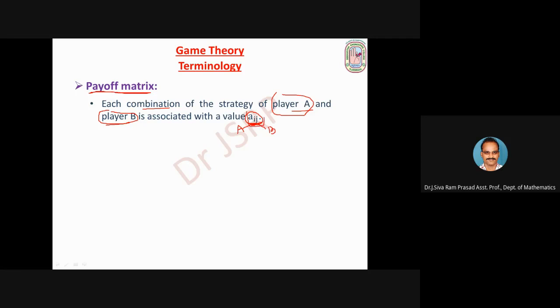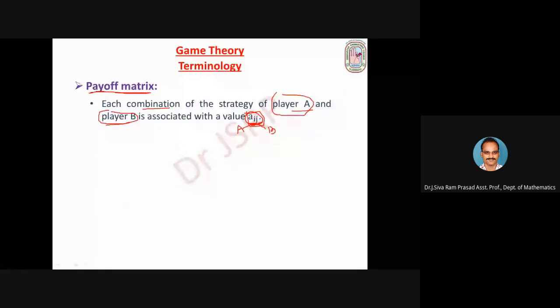So the first suffix represents the strategy of player A, and the second suffix represents the strategy of player B. You have to keep in mind this point. Aij may be positive or negative.